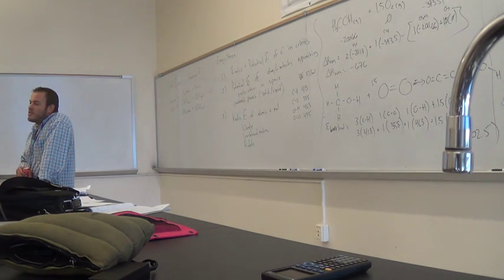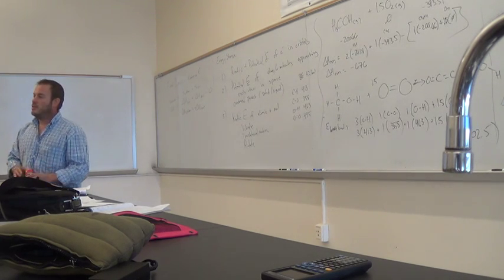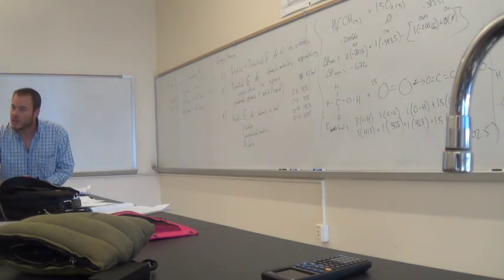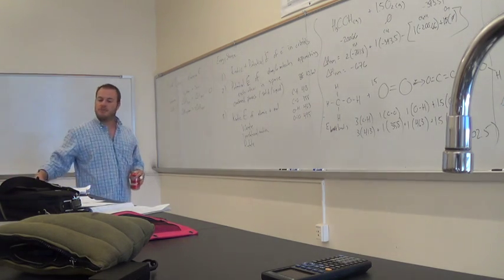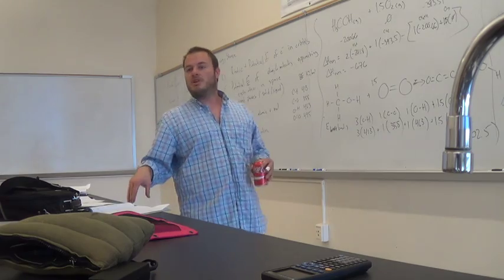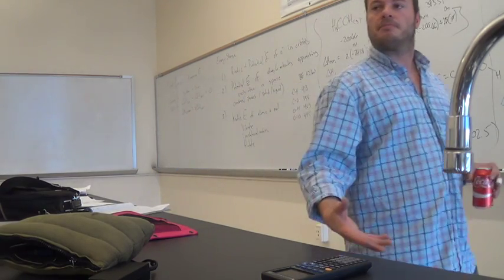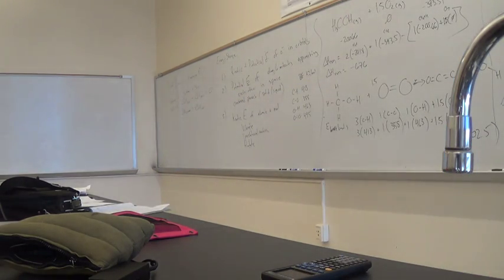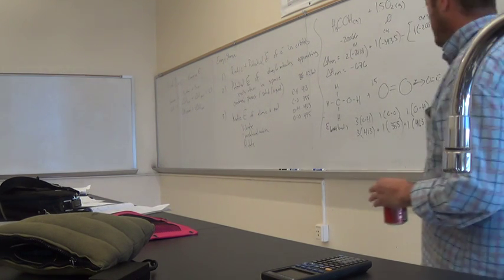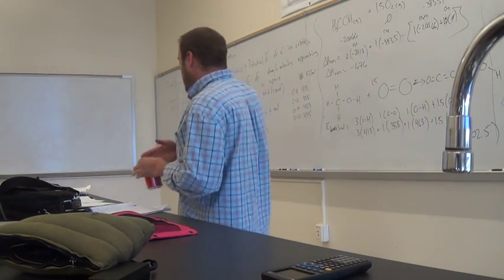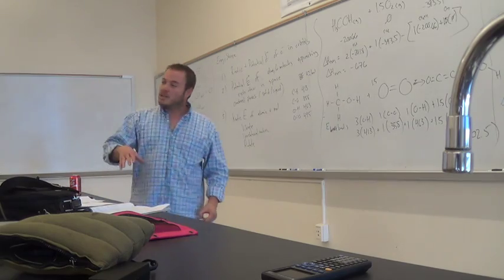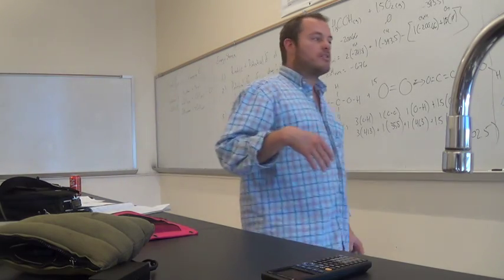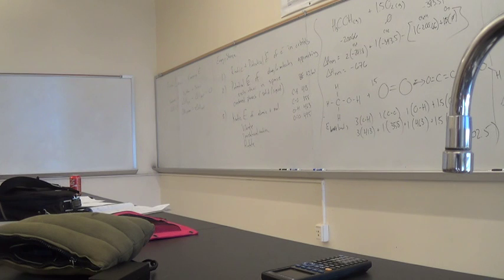If you undergo a process that requires a net input of energy, you're going to have a positive delta H. This is an indication that energy needs to be supplied from the surroundings to the system in order to drive the process. If you have a process that results in a net release of energy, a lowering of energy, this is going to be a negative delta H. This is an indication that energy has left the system. So energy can be gained in the case of a positive delta H. Energy can be released in the case of a negative delta H.